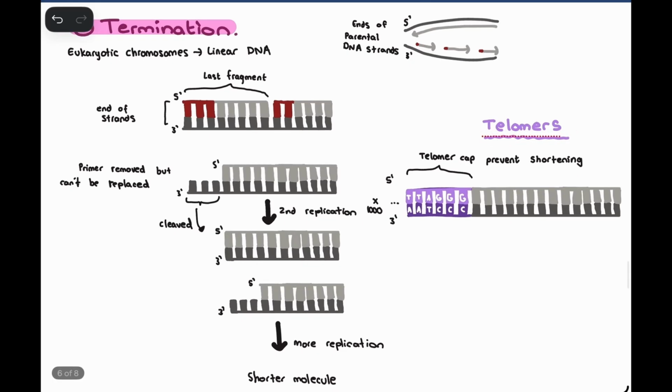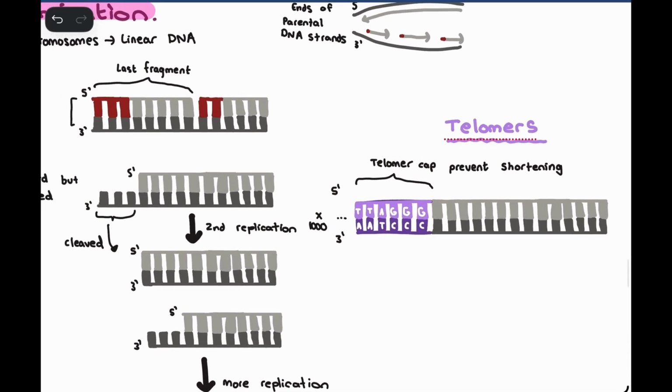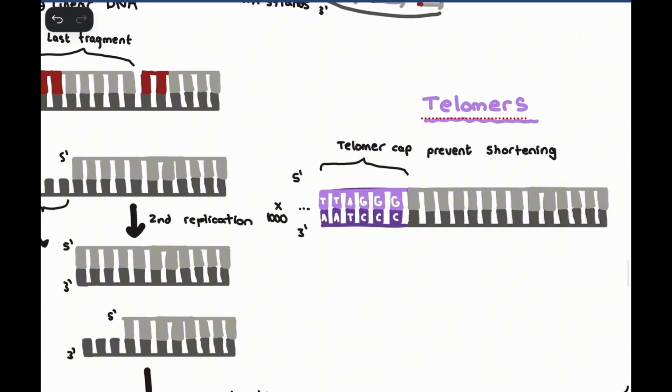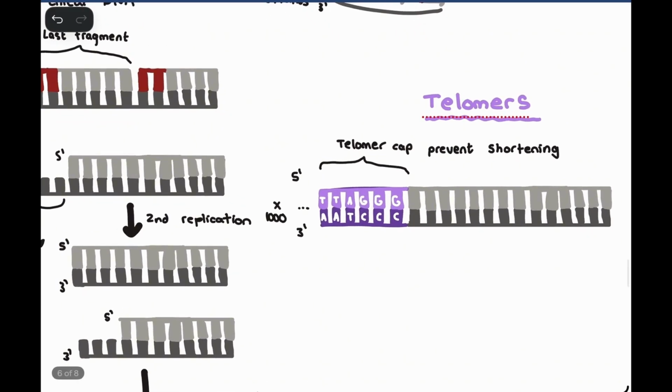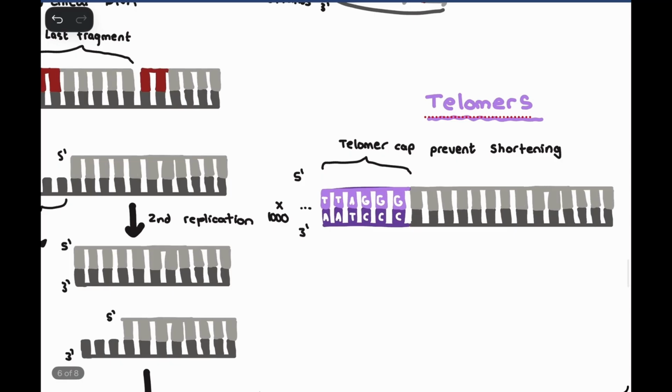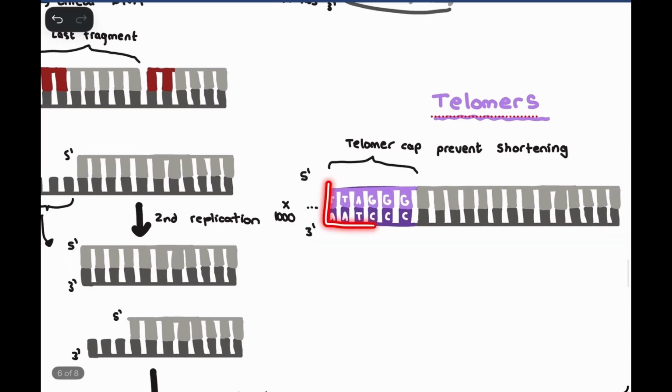A telomere cap binds onto the last fragment to prevent the shortening that occurs. An important thing to note is that this specific sequence, characterized by TTAGGG, which is repeated over 100 to 10,000 times, is non-coding. So this section in purple over here is non-coding.